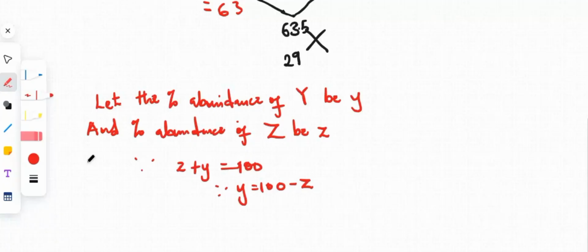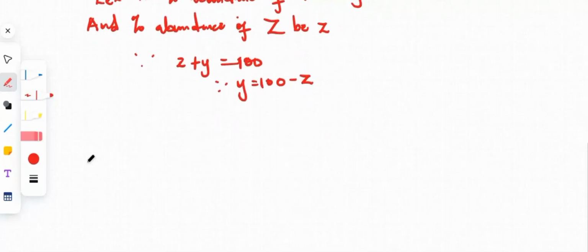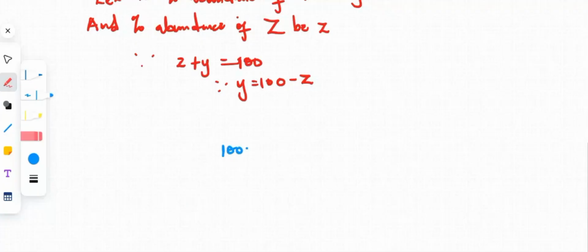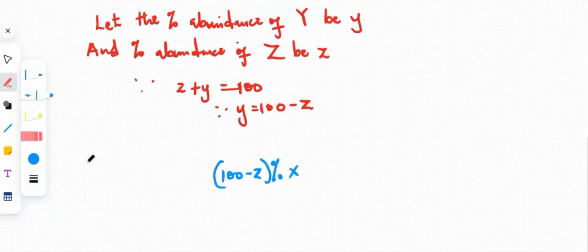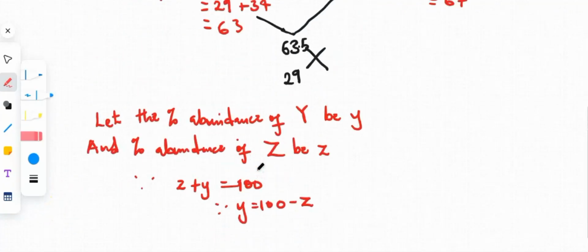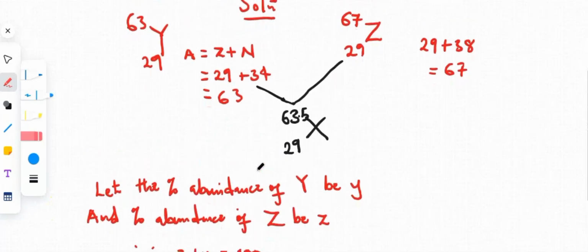So therefore, we will then solve using this. Remember that I gave you the formula. The formula is the percentage abundance of that element times the mass number of that element. So in this case, y will now become 100 minus z percent times, and our y mass number is 63.